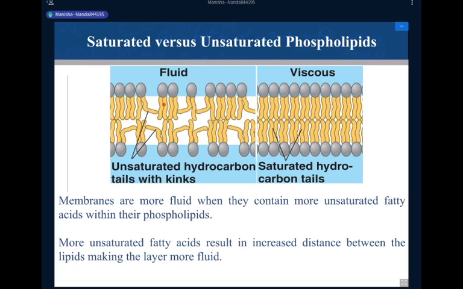This kink creates a gap between the adjacent phospholipids. So membranes are more fluid when they contain more unsaturated fatty acids within their phospholipids, and more unsaturated fatty acids result in increased distance between the lipids, making the layer more fluid. So this is important to understand. Did you get this?